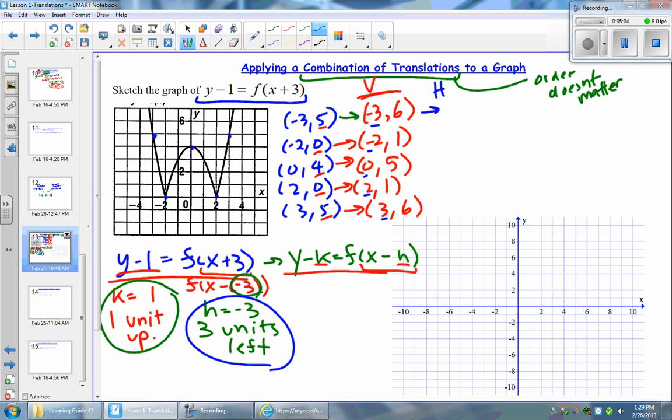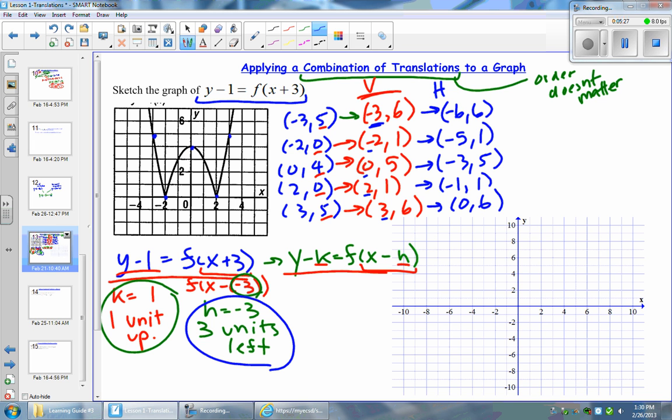So negative 3 minus 3 gives me negative 6 comma 6. Negative 2 minus 3 gives me negative 5 comma 1. 0 minus 3 gives me negative 3 comma 5. 2 minus 3 gives me negative 1 comma 1, and finally 3 minus 3 gives me 0 comma 6. So there are my transformed points.